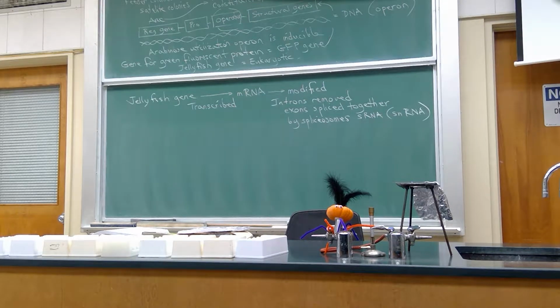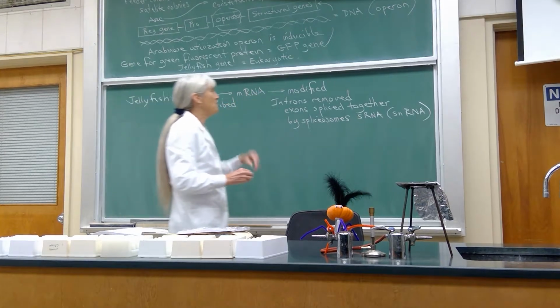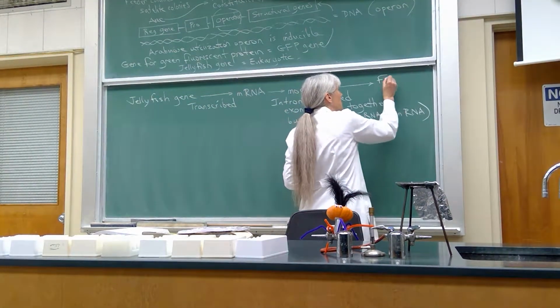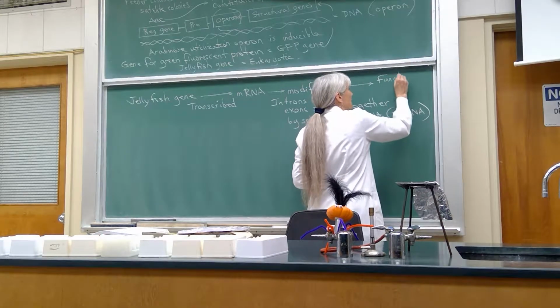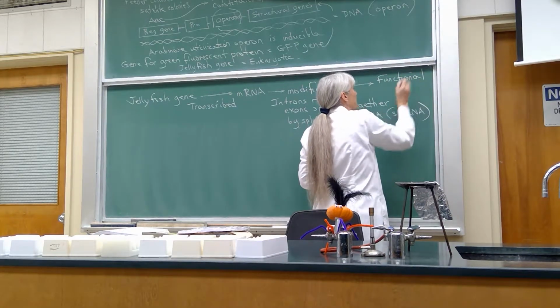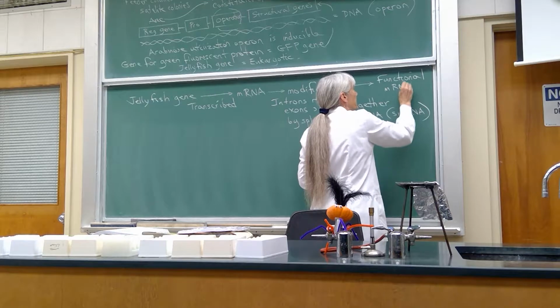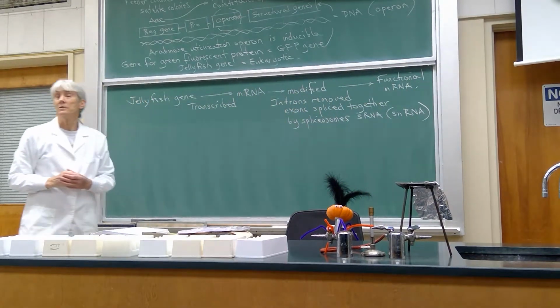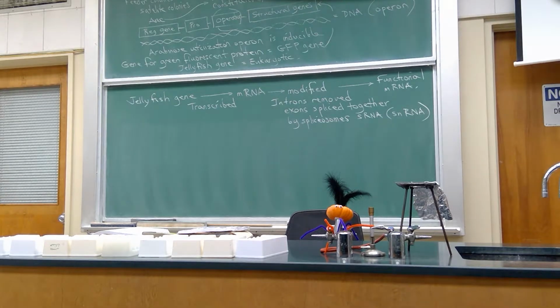Turns out what we have to do is get the messenger RNA after this process. Get your functional mRNA. We can go into a jellyfish and find functional messenger RNA. We can capture it because the other thing that happens to the messenger RNA is it gets a polyadenine tail, and that makes it very recognizable.